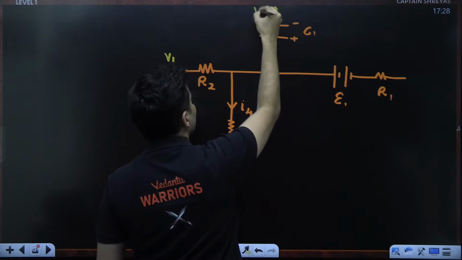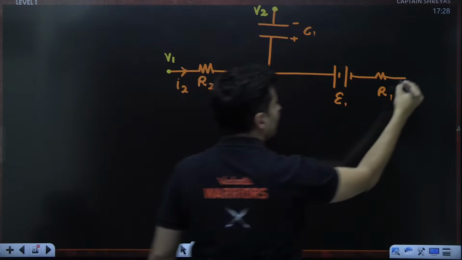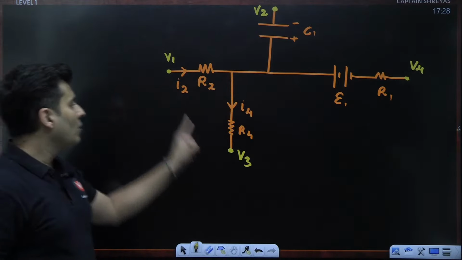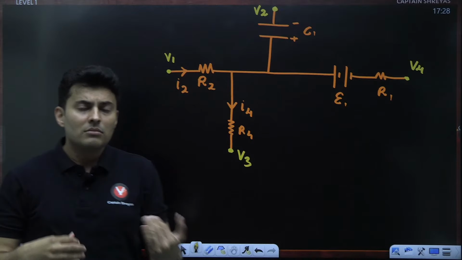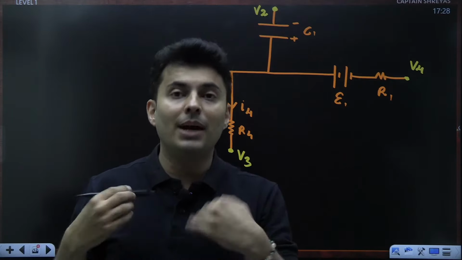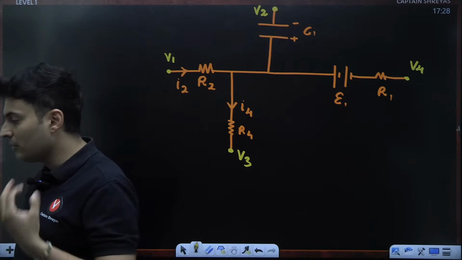Sometimes you mark the potentials. This is having voltage V2. This is having voltage V3. This is having voltage V4. They tell you voltages of some points, or maybe in a problem you see that by marking the voltages it might become a little bit easier problem.